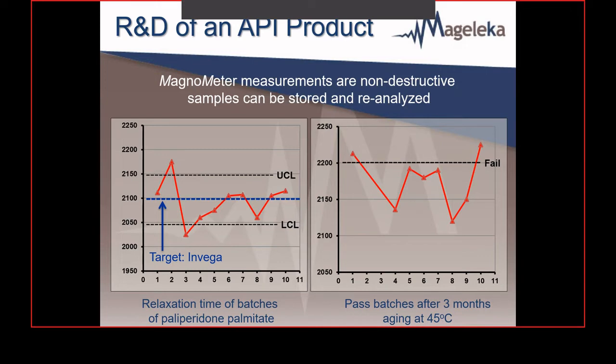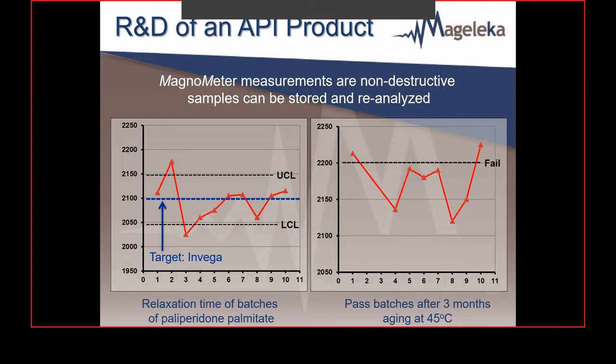So all I did is I took the NMR tubes, put them in an oven at 45 degrees, and then pulled them out after 3 months and measured them again. I took all the samples that were in spec, and now over time at 45 degrees, these samples are aging.